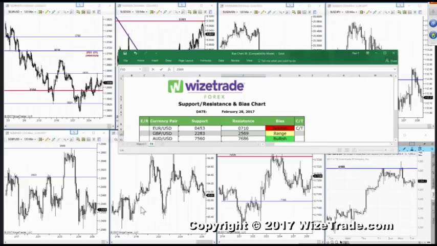So next is going to be the Aussie dollar, and we had 76.53 support from yesterday. And resistance was 77.07. So let's put it down.